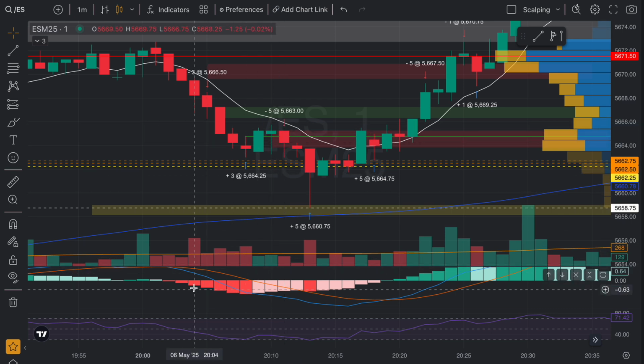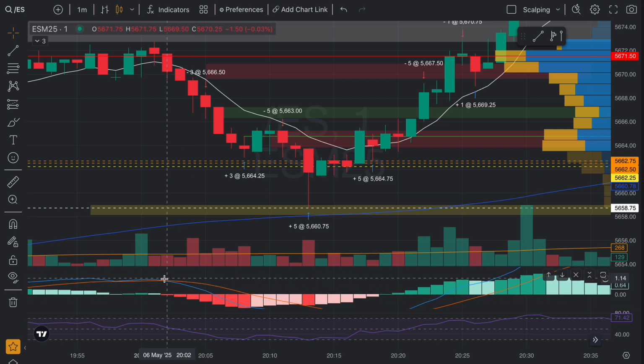And you can see over here, the MACD had a bearish signal cross at the top of the microstructure breakdown, and the RSI crossed the 50% midline not long after. Both of them were in confluence on the way down.